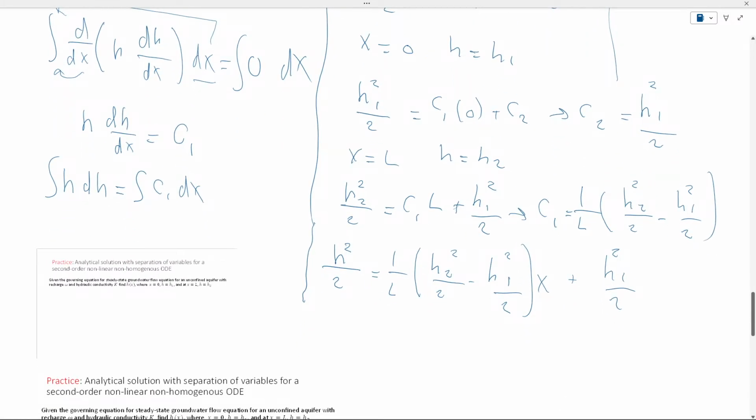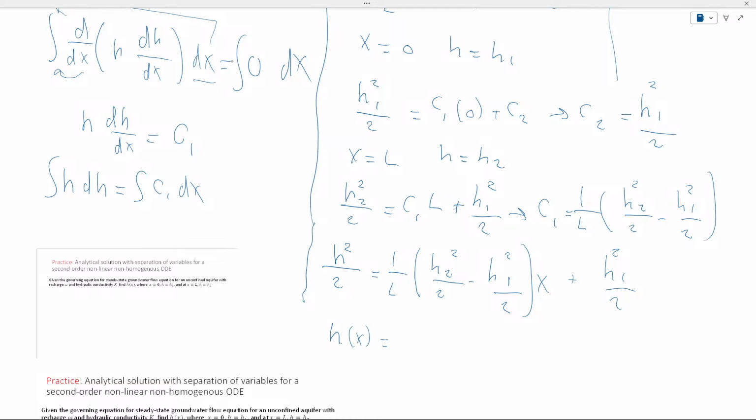And I want to solve for h, not h squared. So I can say h as a function of x.